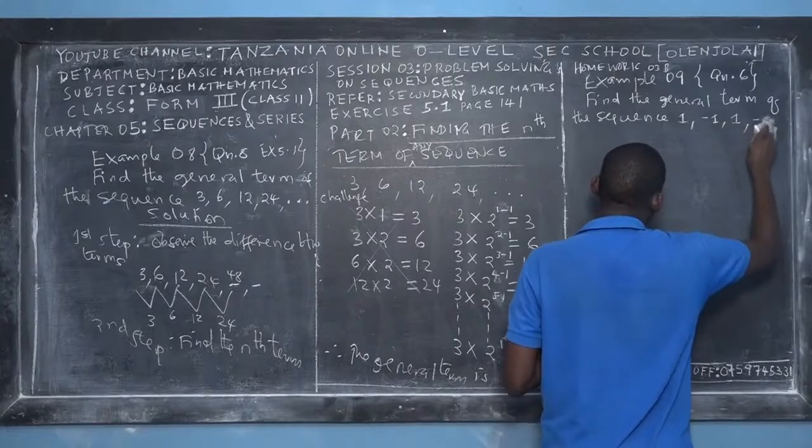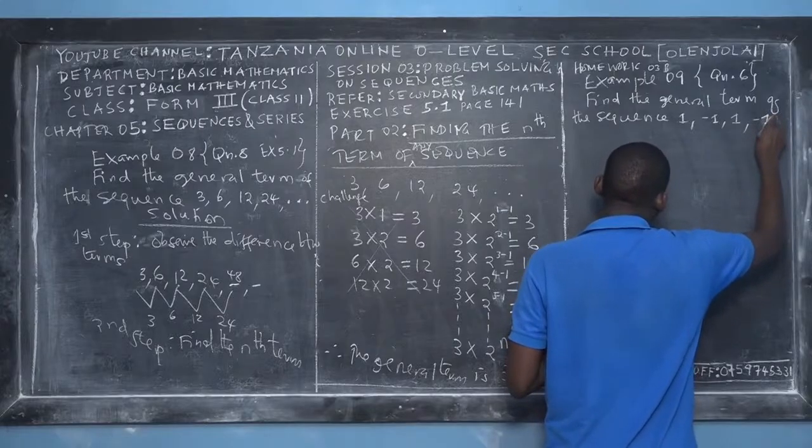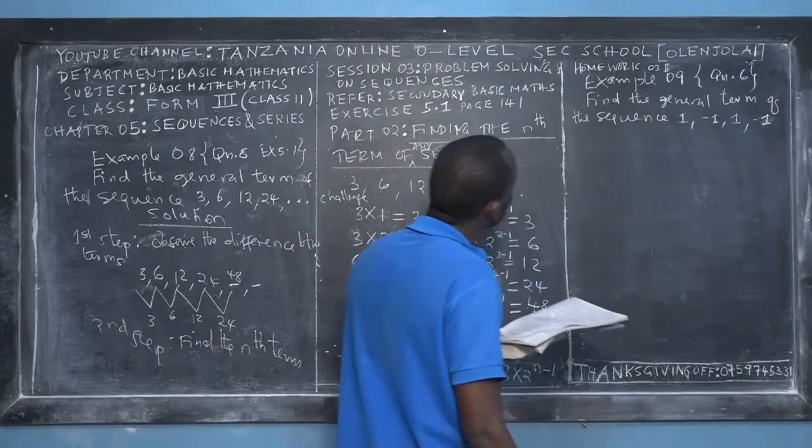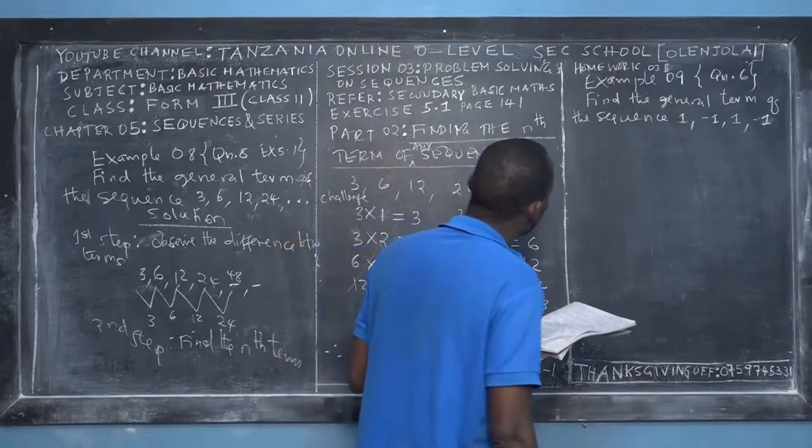This is the same sequence as the one I taught you how to find the next term for in example 5. So find the general term of that sequence.